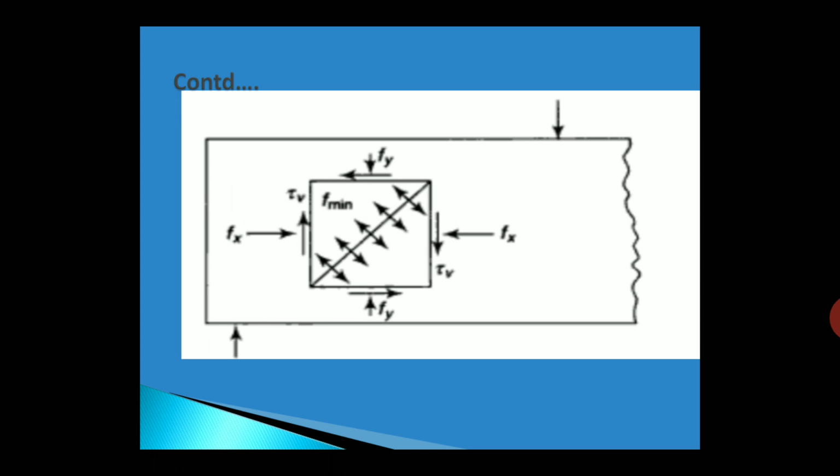It results in tau v, which is your shear stress, and along the diagonal we find the principal stresses F minimum and F maximum. So in the first analysis examples we will have to find these stresses, F minimum and F maximum.